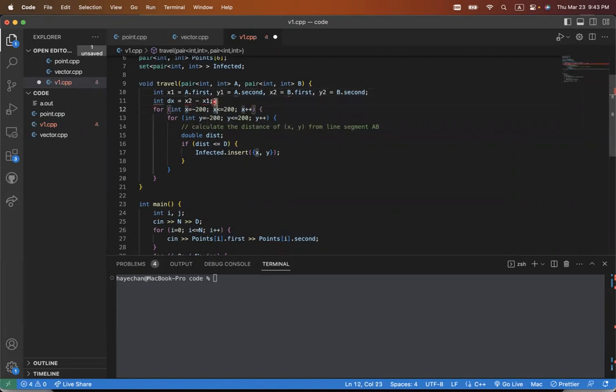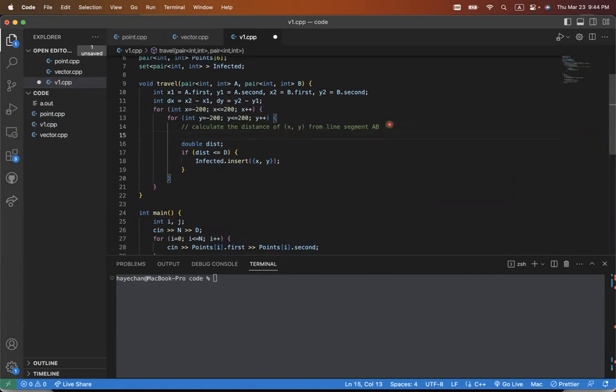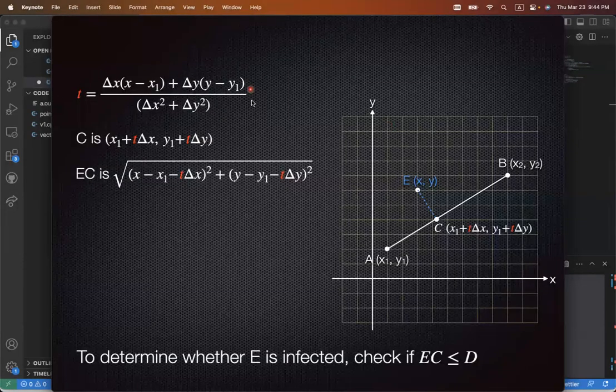Okay, with that, you can calculate delta x, and then you can also calculate delta y. So are we ready to calculate distance? To calculate distance, we first need to calculate t, right? Remember, first calculate t, and then you can calculate EC.